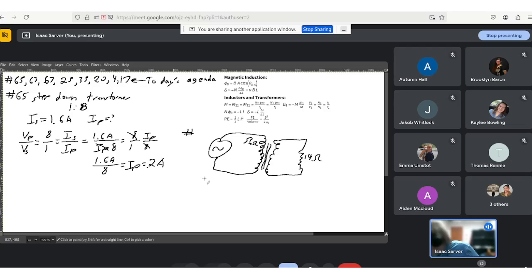Find the ratio NS to NP. Alright, what in the Sam Hill is going on here? So the best that I can figure about what's going on here is that we've got some impedance matching going on.